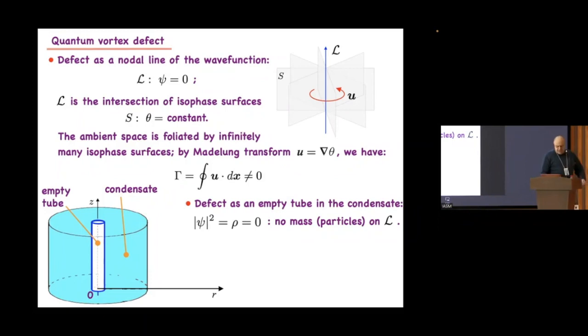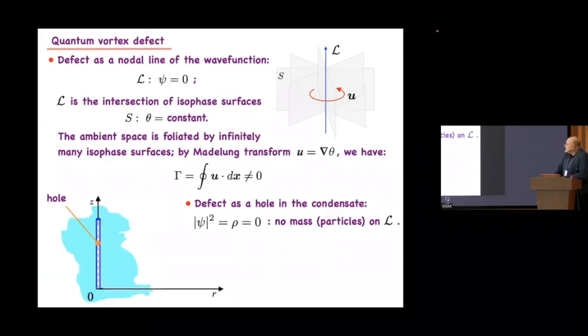And because it is like a hole, or if you like, an empty tube, the ambient space evidently is multiply connected.